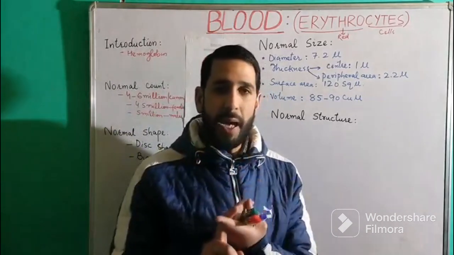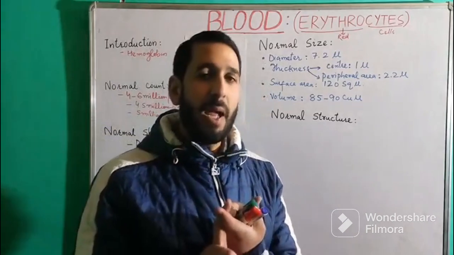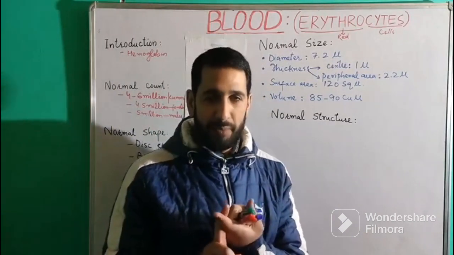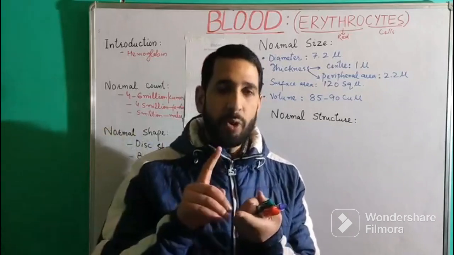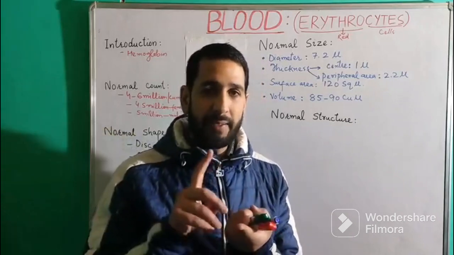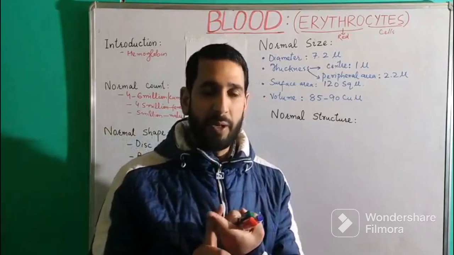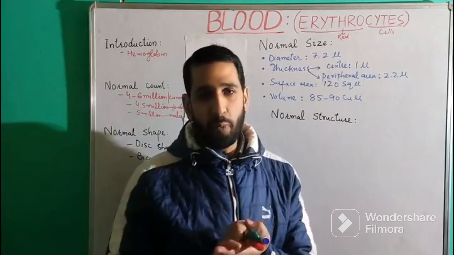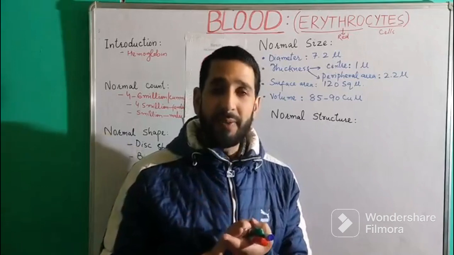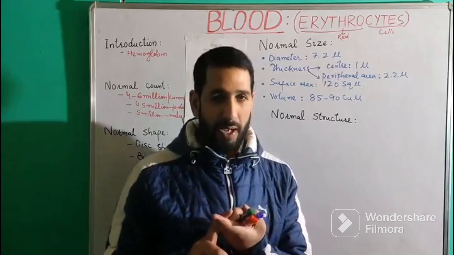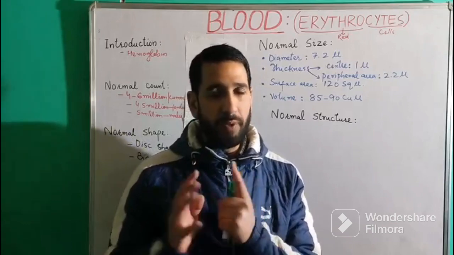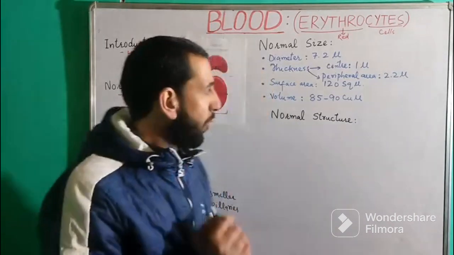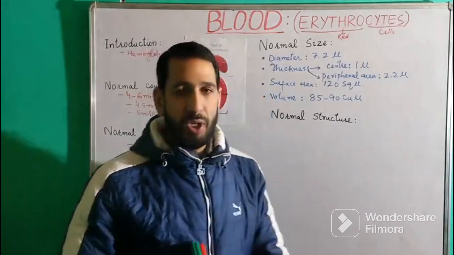First is diameter, average diameter is 7.2 microns; in some books you may find it as 7.5 microns, that is all right. Second is thickness, 1 micron in the center and 2.2 microns in the periphery. Then the surface area is 120 square microns, and the volume is 85 to 90 cubic microns. Right? Now let us talk about the normal structure of the RBCs.